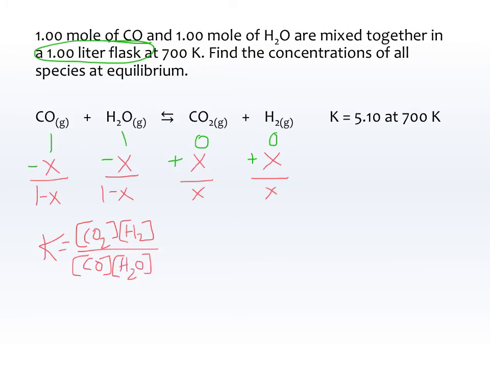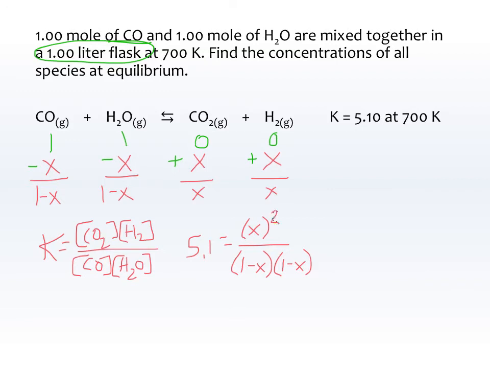If we plug in the numbers that were given, 5.1 is equal to X times X over 1 minus X times 1 minus X. Hopefully when you look at that, you see X times X we could just as well say X squared.